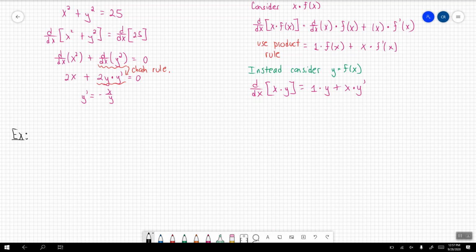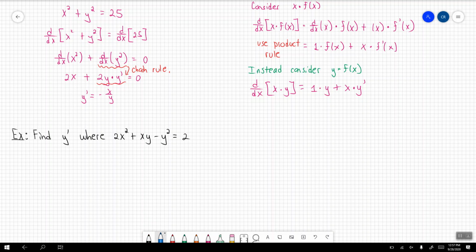In this example, I want to say find y prime where 2x squared plus xy minus y squared is equal to 2. And again, we're going to take it step by step. Well, what are we going to do? We're going to apply the derivative.